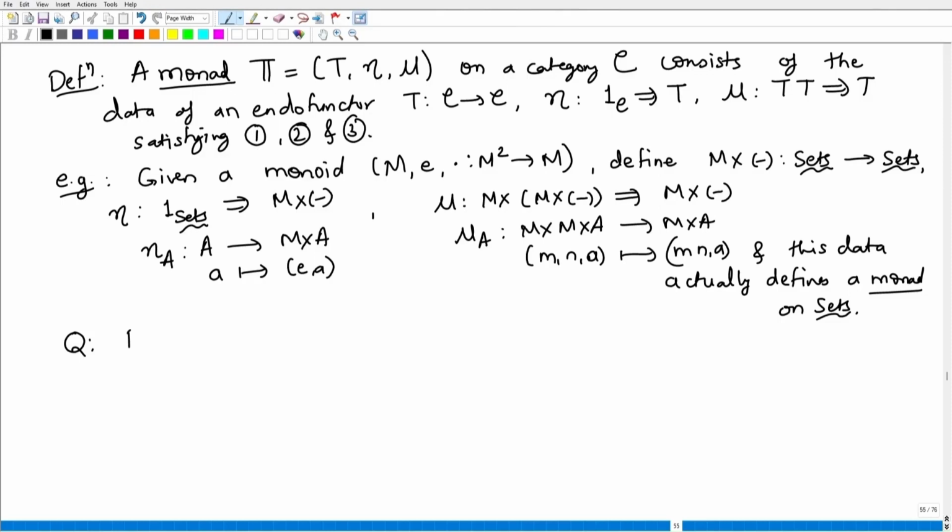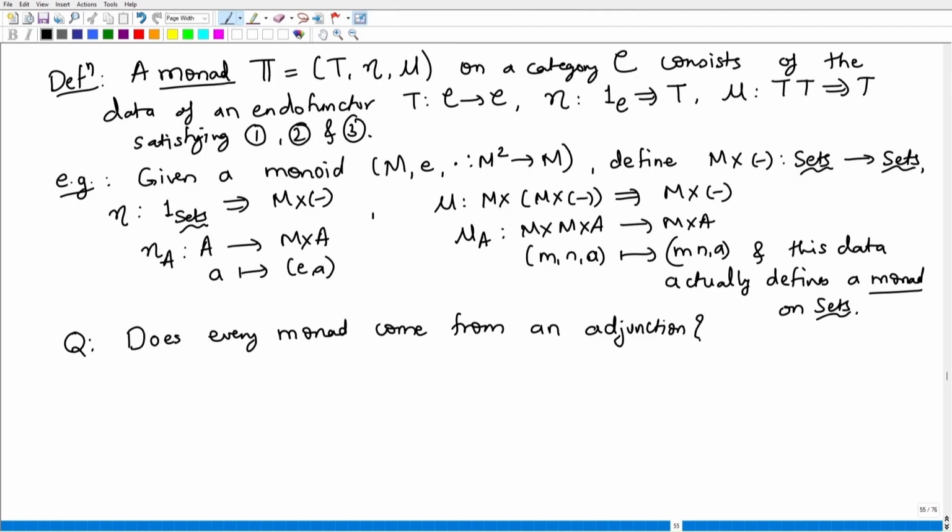The question is, does every monad come from an adjunction? And the answer to this particular question, I mean the concept of monad was being toyed with at that point.